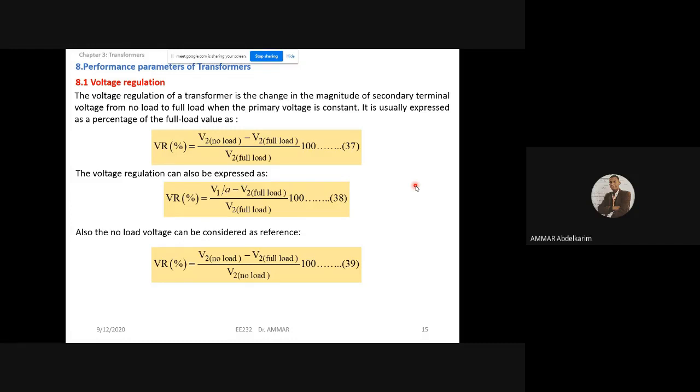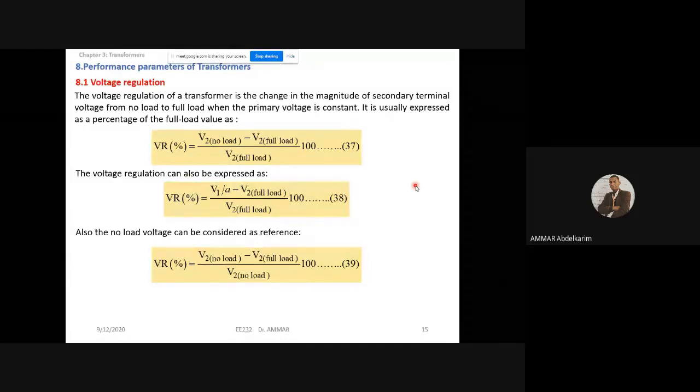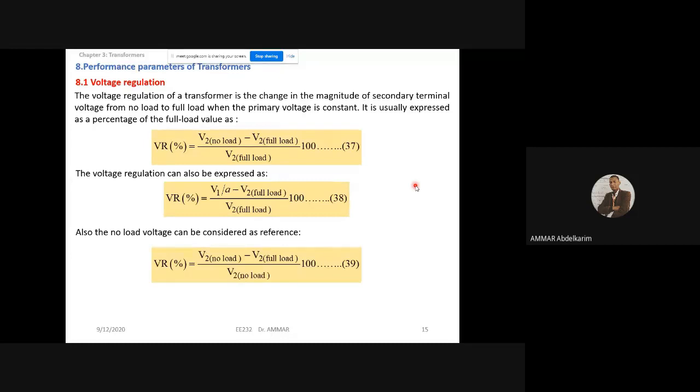If we don't connect a load, the relationship between the secondary voltage and the primary voltage is the turns ratio. But when we connect a load between the terminals of this transformer, the secondary voltage changes. This voltage may increase, may decrease. It depends on the type of the load.